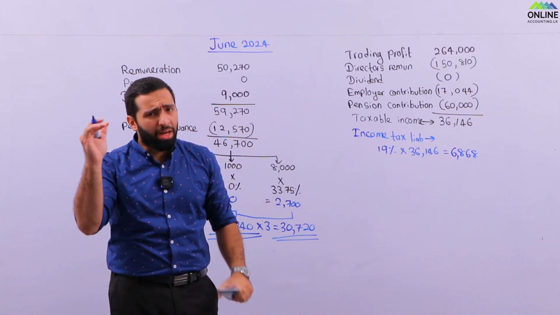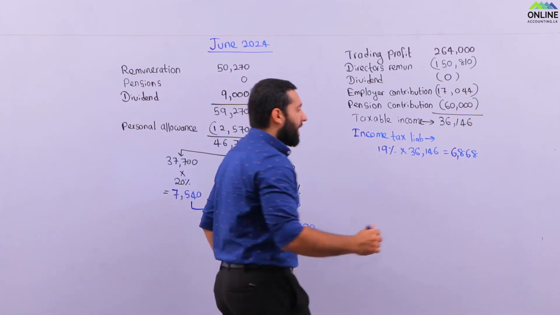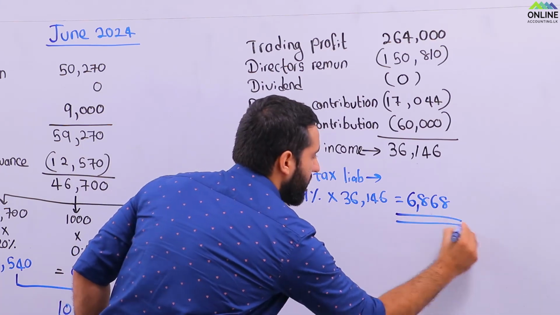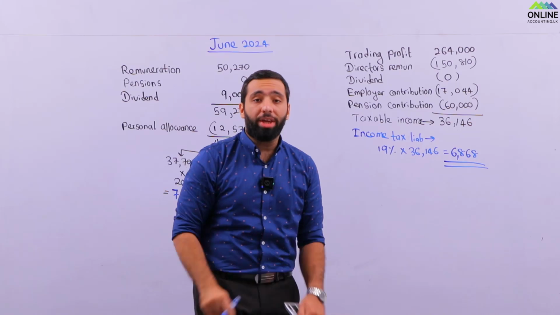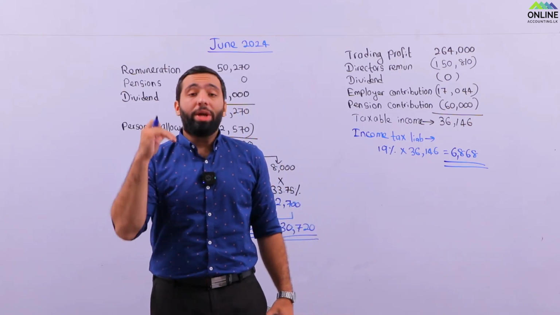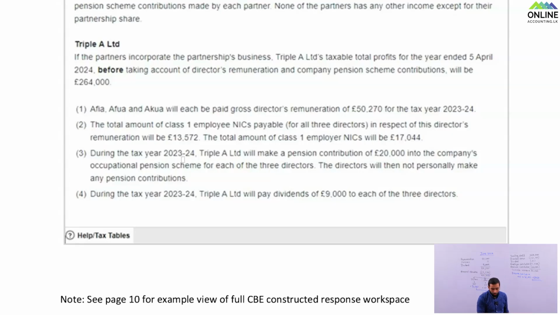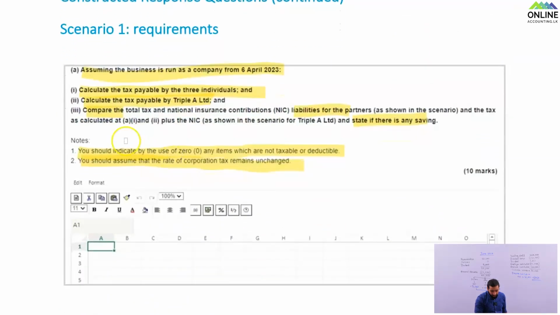And then what the question is asking, yes, we are done with this. What is the examiner asking in the final scenario? Compare the total tax and NIC and state if there is any saving. So that is very important.